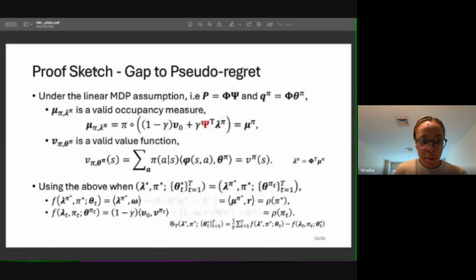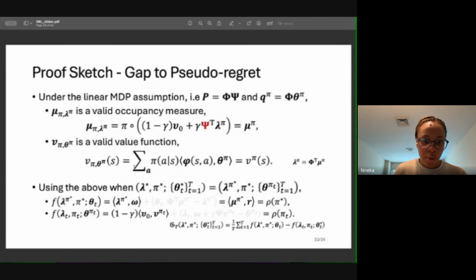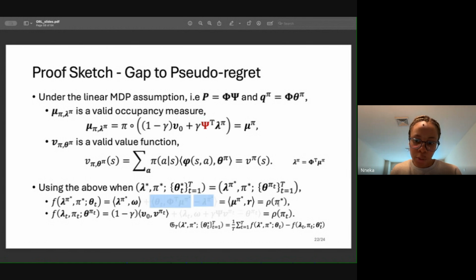Using these ideas that were developed earlier, we can write out this function as this, and because mu pi lambda pi is a valid occupancy measure, this second term goes away, and we are left with the return of pi star.